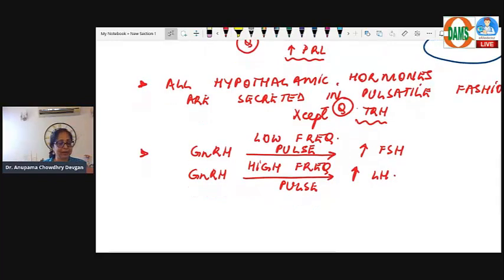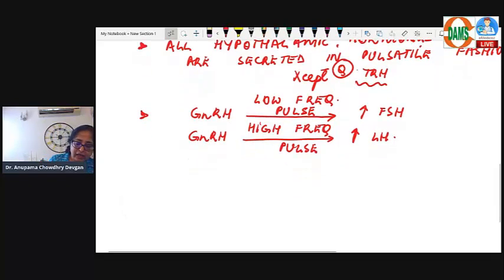I told you all hypothalamic hormones are secreted in a pulsatile fashion, not steady, except TRH. GnRH, second important point: in a low frequency pulse will increase FSH, but in a high frequency pulse will increase LH. This is as far as the hypothalamic hormones are concerned.